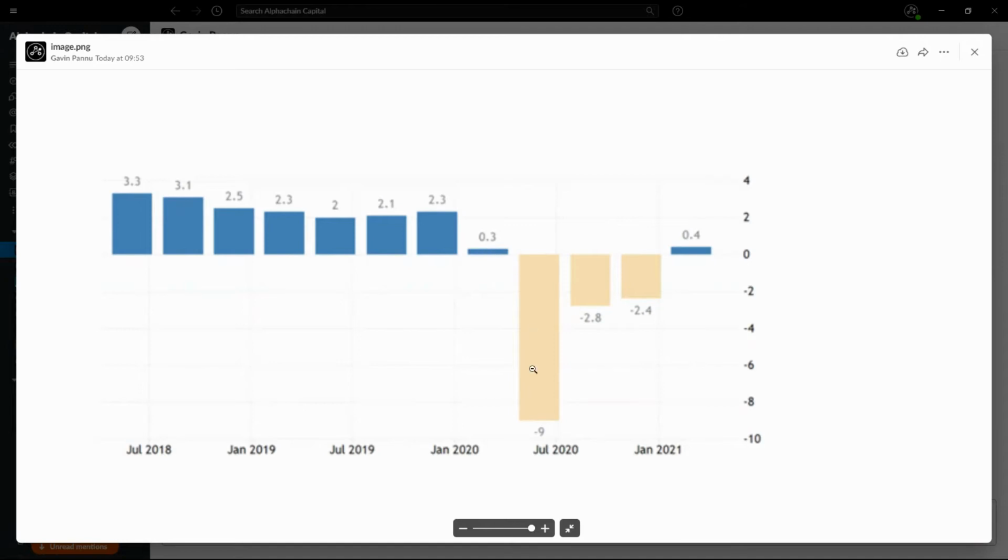And then you have that large drop when almost the entire planet was in a complete lockdown, right? So, national restrictions, national lockdowns occurring across major economies. And we saw a negative 9%. And they often say that if you have 3 months of negative GDP, that is seen as a recession.